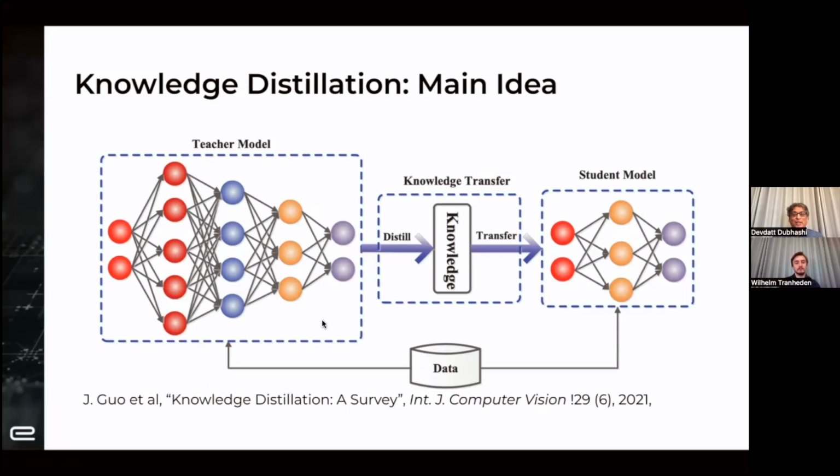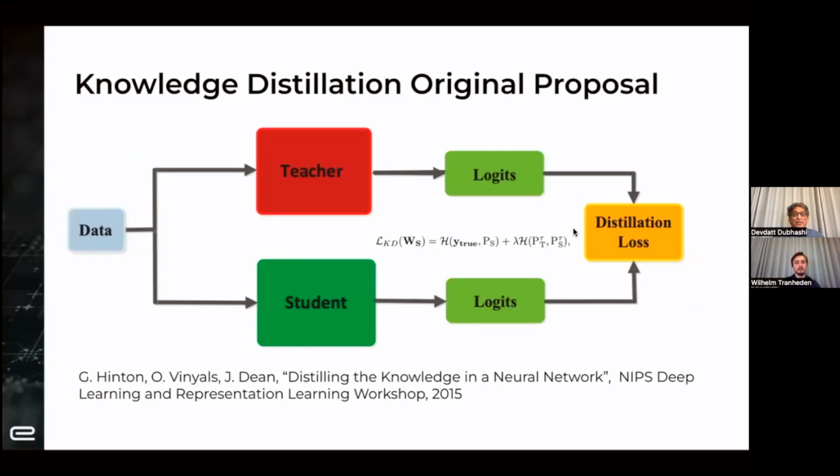So how exactly can we transfer this knowledge from a teacher model to the student model? That's the basic question, right? This basic intuition is fine, but how exactly are we going to achieve this knowledge transfer? And this is the original proposal. The original proposal was that you have the teacher network with its logits at the final output layer, which is the final probability distribution that you will use in your tasks, such as classification.